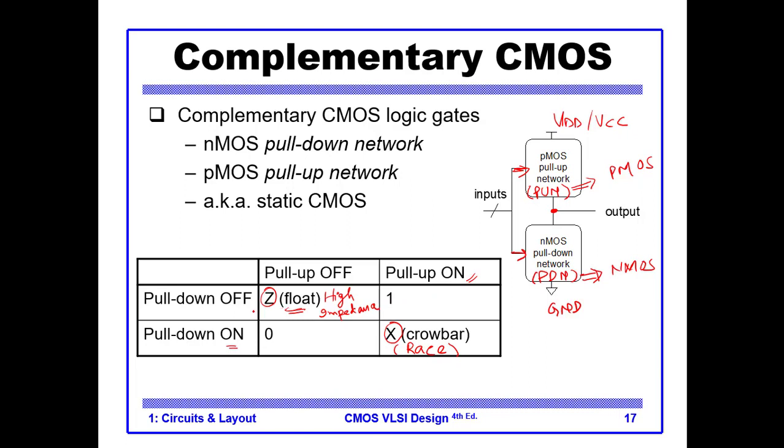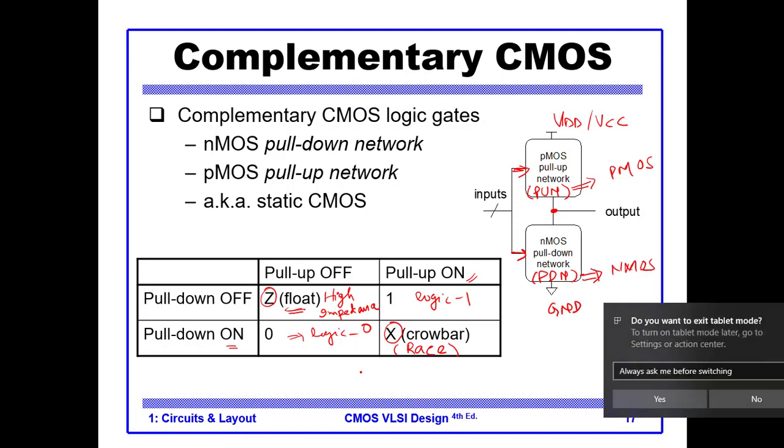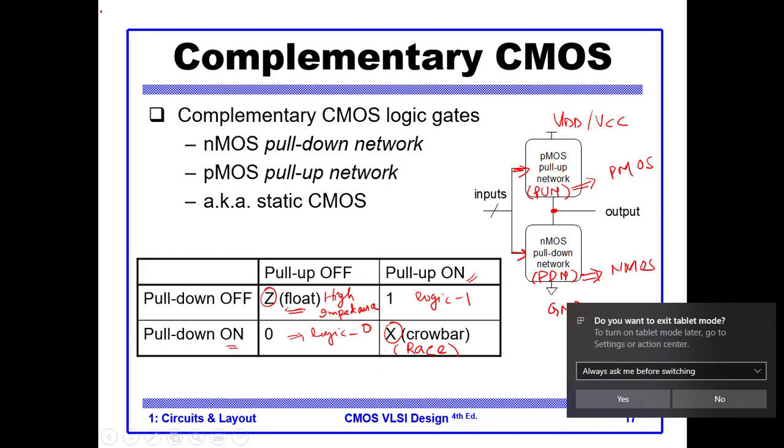Let's say the pull down is off, so we are not pulling down the circuit to ground, and the pull up is on, so that means the output is logic 1. In the other case, when the pull down is on and the pull up is off, this means the output is logic 0. So this is just the summary of the possible outputs that you can expect from a CMOS gate. There are 4 possible outcomes.